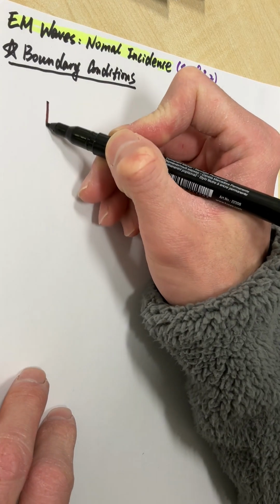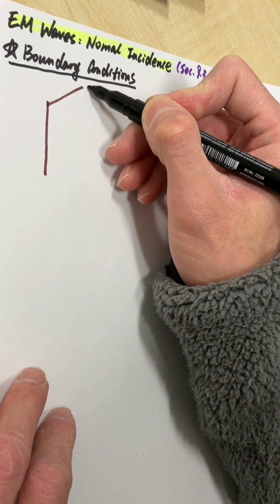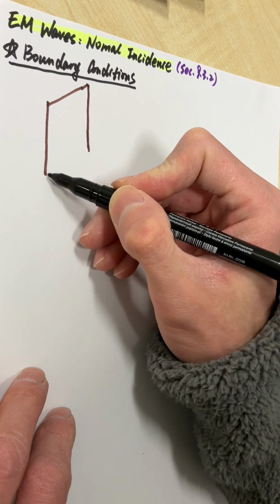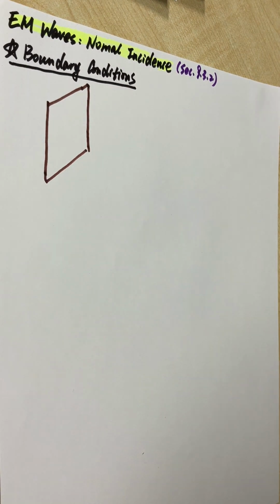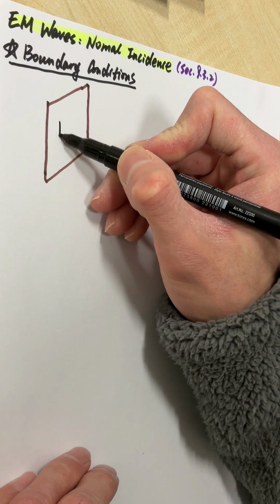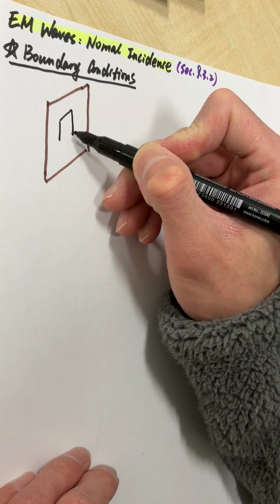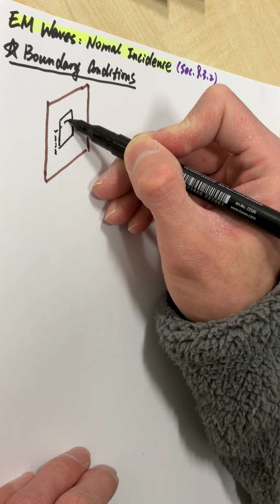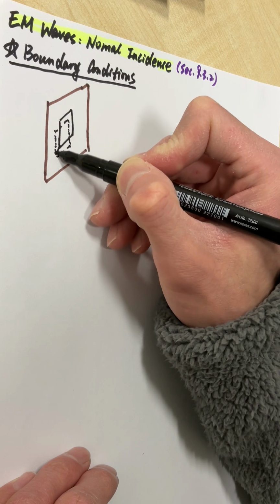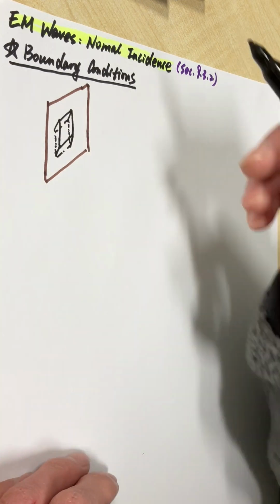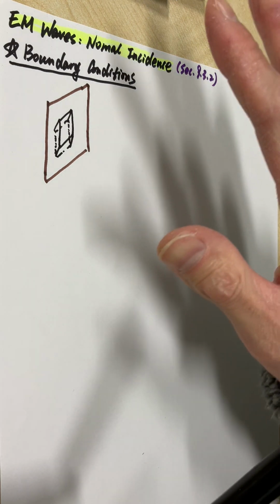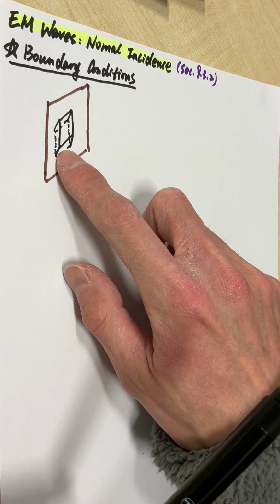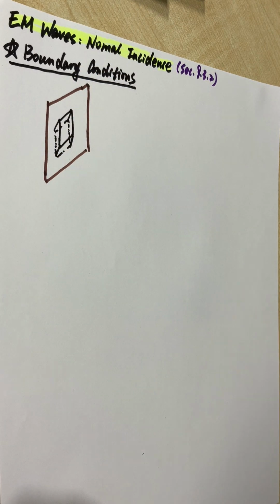Normally for a boundary condition, we have this surface of boundary, and we observe a pillbox.